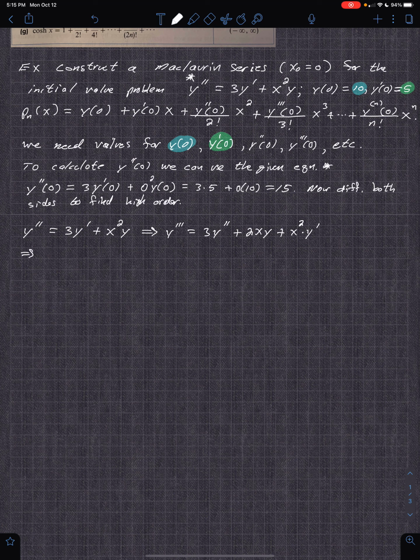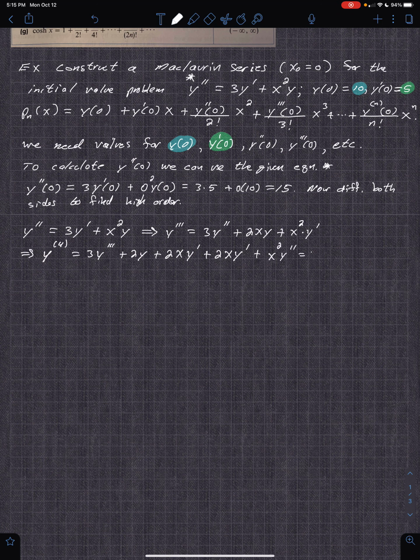So we continue. y to the fourth is equal to, and then take this next derivative, so it's y triple prime plus 2y plus 2x y prime plus 2x y prime again, so you'll have 4 of those, plus x squared y double prime.